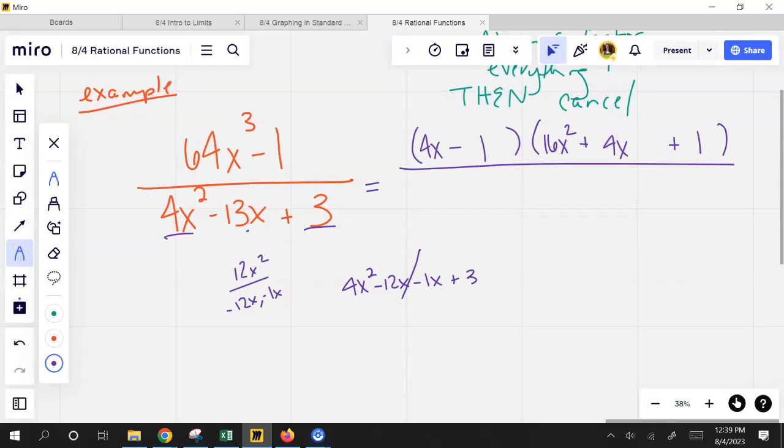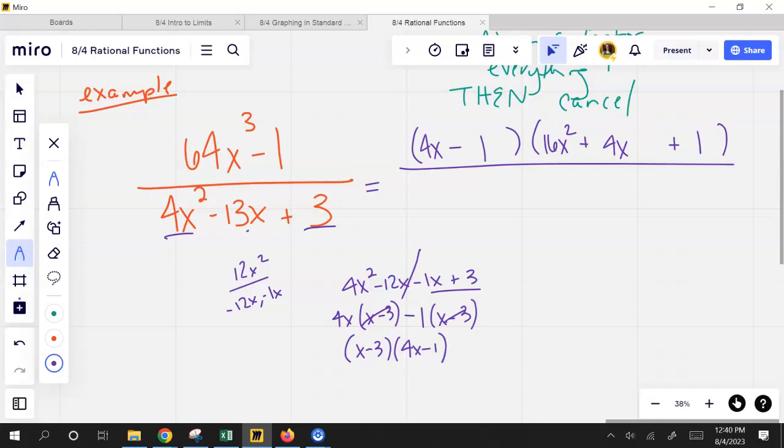GCF of 4x squared and 12x: 4x. What's left if you take that out of the first two? The middle sign carries. What's the GCF of the last two? 1, because the middle sign is minus. It forces an opposite sign in the end here. So it leaves me with x minus 3. So factored, this is x minus 3 and then 4x minus 1.